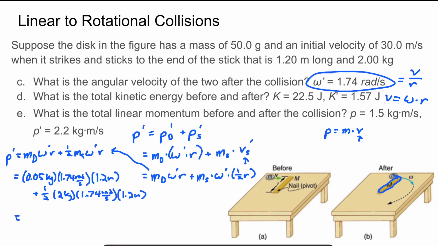When we plug all those into the calculator, we should end up with a final momentum of about 2.2 kilogram meters per second, which is our final translational momentum of this system.